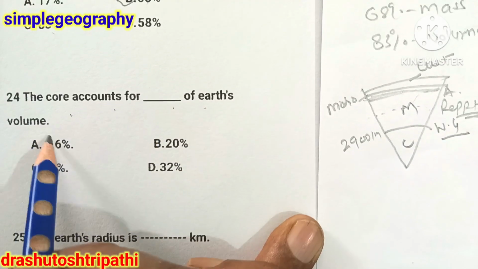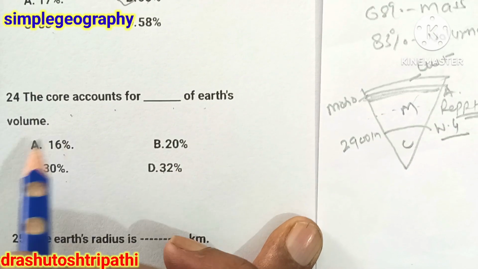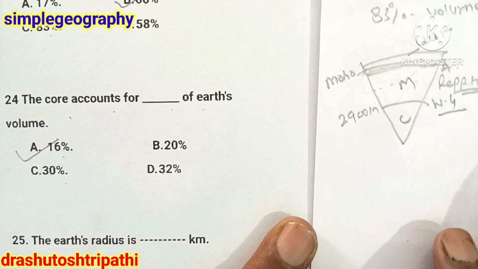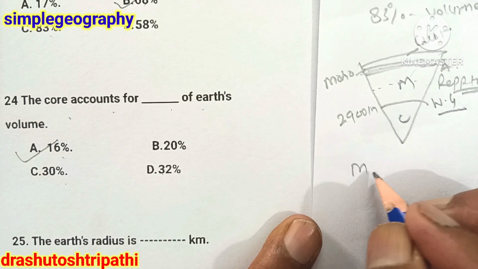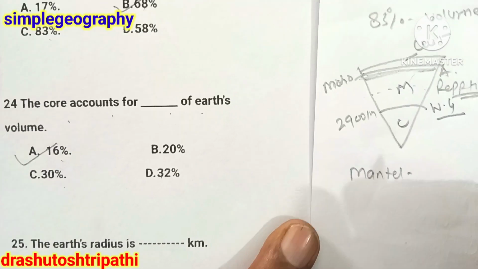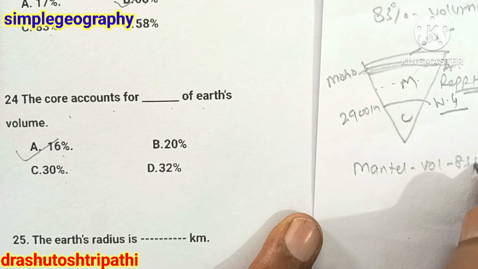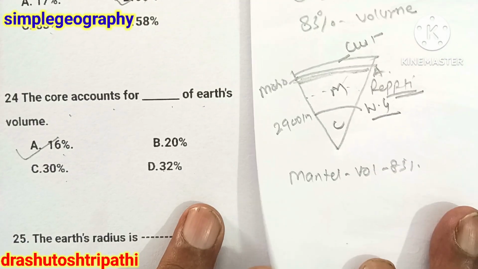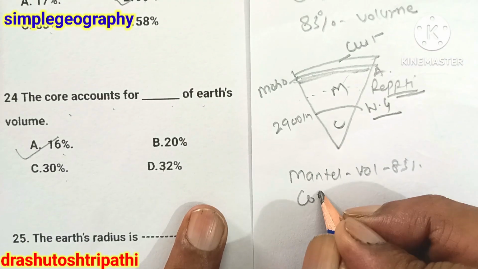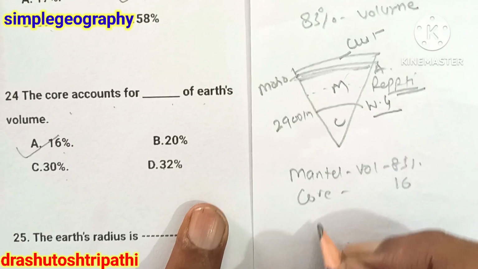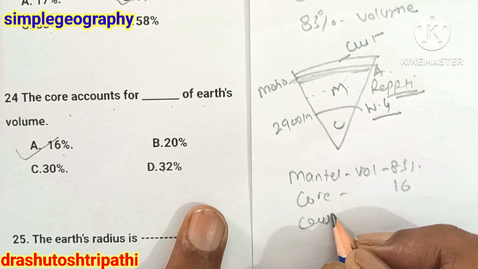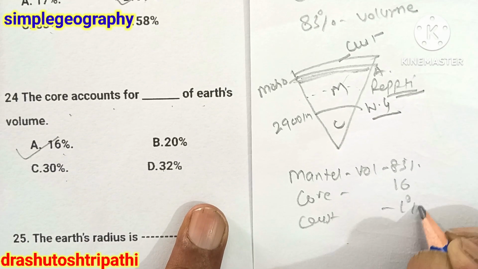The core accounts for what percent of the earth's volume: 16, 20, 30, 32? The answer is 16. How do you know? The mantle constitutes about 83% of the total volume of the earth. It means the core has 16% and the crust has less than 1%.